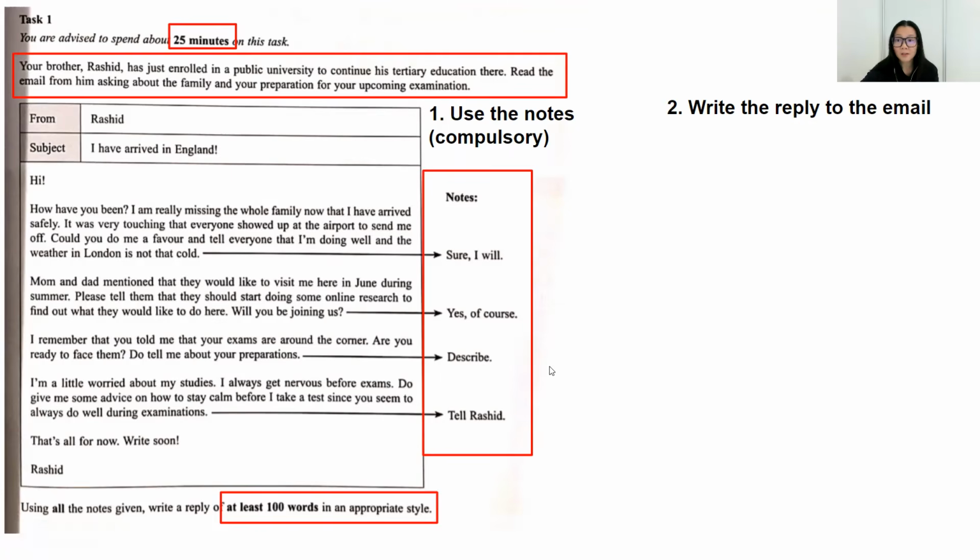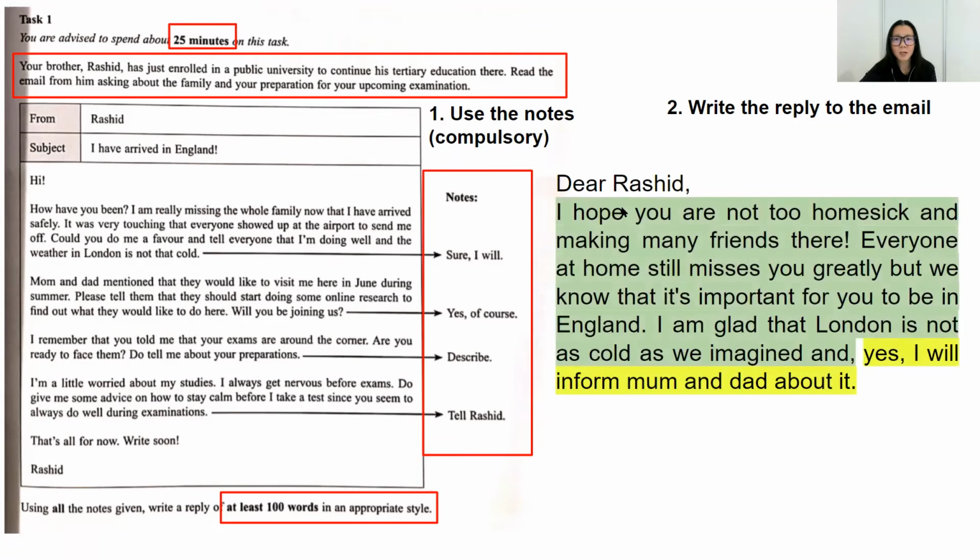So how do we actually write the email? I would say use the notes for sure, and also use the prompts that are given to you in the email itself. Let me give an example of the introduction. Of course, you start with Dear Rashid.